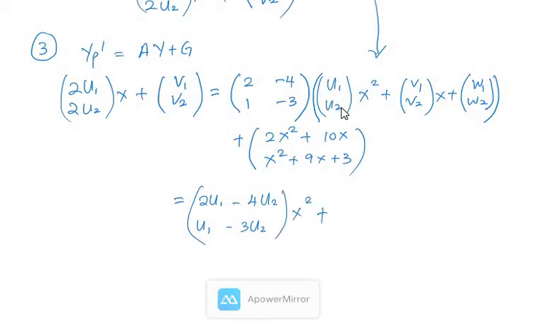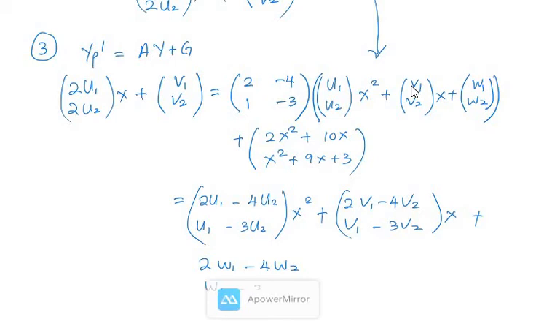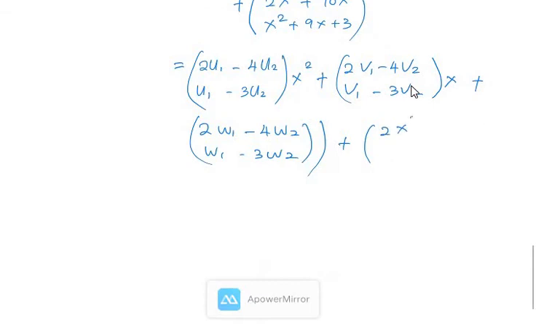Then for the second one, multiply with this one, so your 2V1 minus 4V2, V1 minus 3V2, x. Then plus 2W1 minus 4W2, W1 minus 3W2. Okay, and then plus 2x squared plus 10x, and x squared plus 9x plus 3.